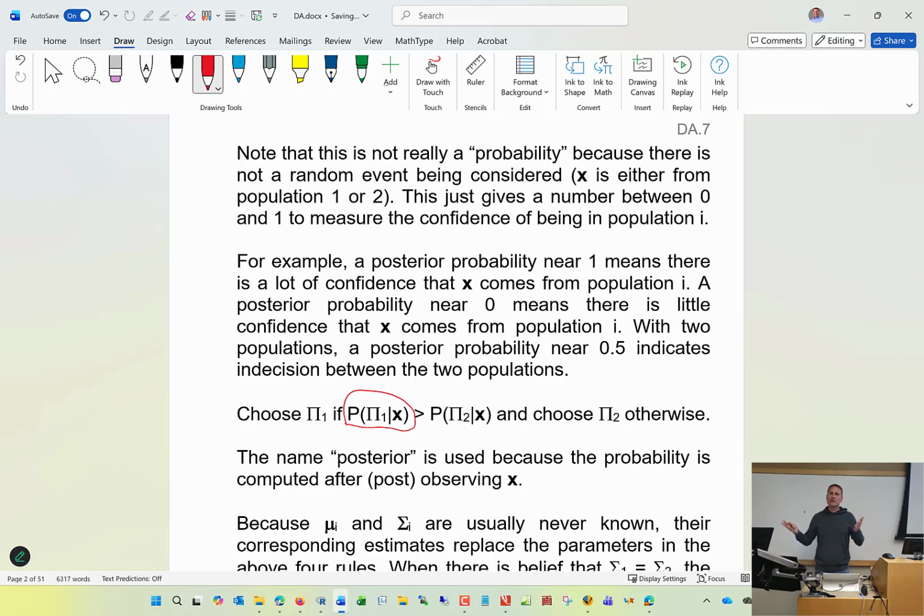So what this is basically doing is just rescaling D1 and D2 to give you a number between 0 and 1 so you can make a judgment of how much evidence there is, population 1 or population 2. That's it. It's just a rescaling of the D's. Any questions about that?